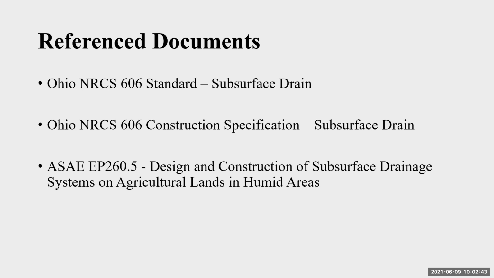The third one is an engineering practice document created by the Society of Agricultural Engineers. And this one's less available to the public unless you purchase it or you are a member of the society. But all three of these will be referenced today.